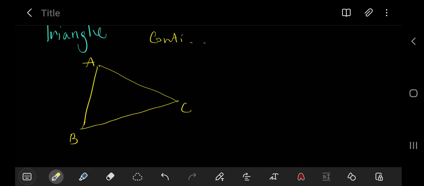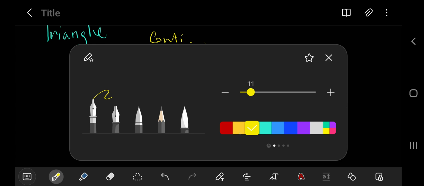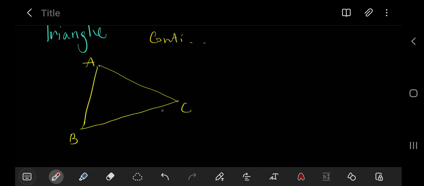For example, if I have a line that extends from C to D, okay, so we say line BC has been produced to D, so it's a continuation. Now it continues from BCD, right?